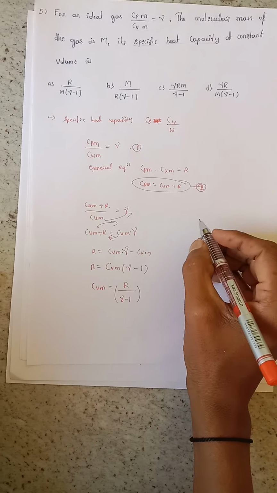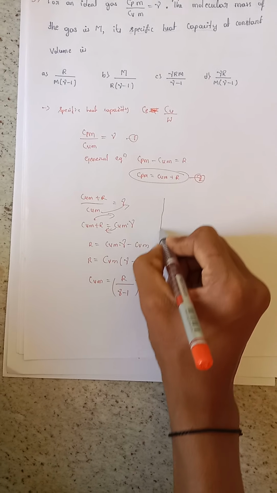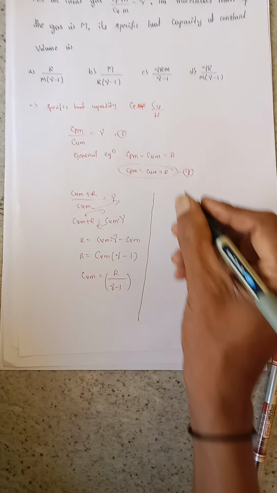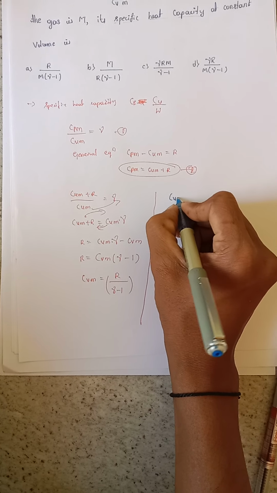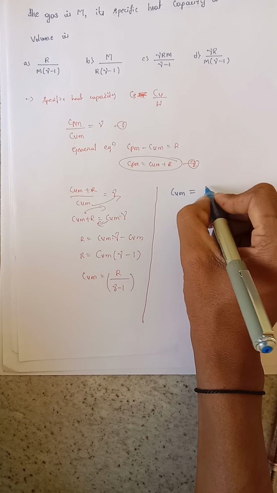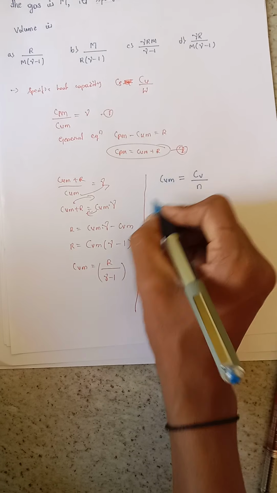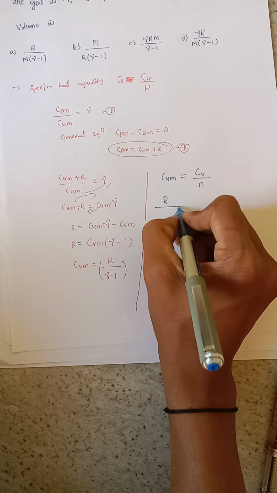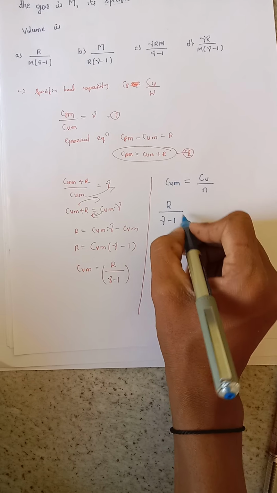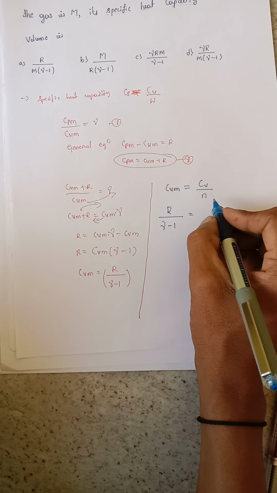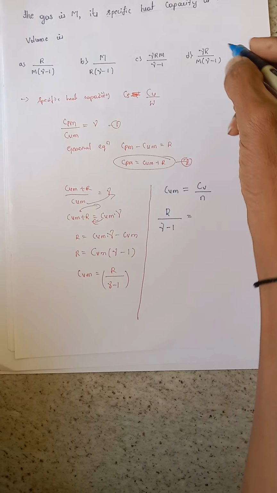Now Cvm is equal to Cv divided by n. Cvm is equal to R divided by gamma minus 1, and Cv is equal to Cs into W, according to this.